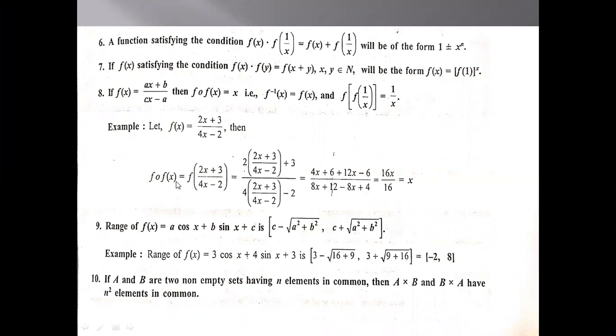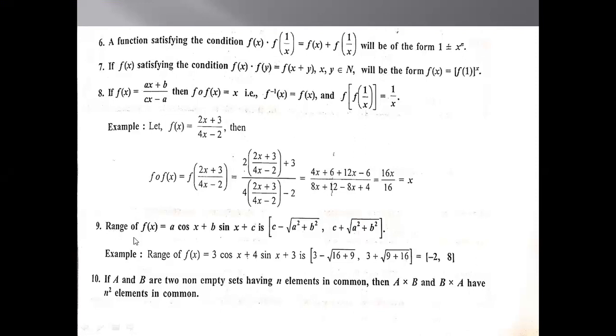This is nothing but f of f(x). In place of x, you put this result f(x). Again we substitute the f(x) value in this and simplify, and we will get x. So if f(x) is in the form (ax plus b) by (cx minus a), directly we can write the result of f composite f of x as x. This is the best example.